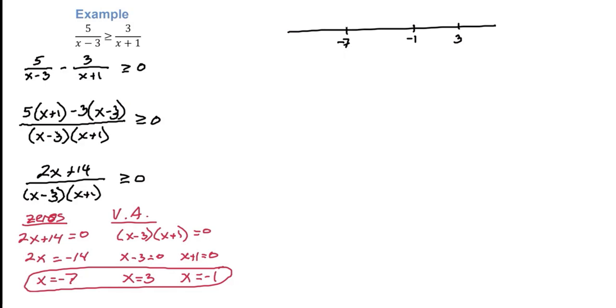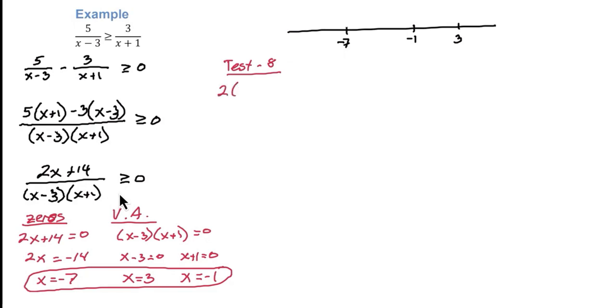Up first, let's pick a number smaller than negative 7, for example, negative 8. Let's test negative 8. We can test it in the original inequality, or we can come down here to this fraction, and it might be easier to test it here because then all we're asking is, is it bigger than 0?